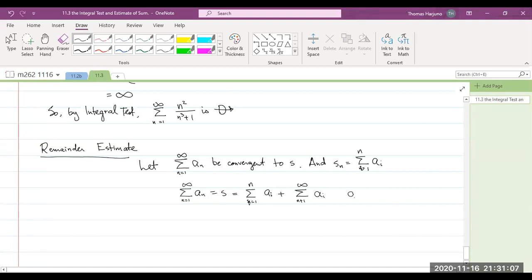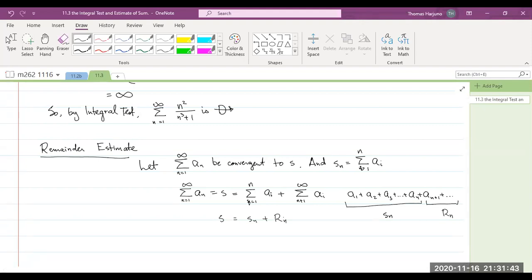Let's see it this way: a sub 1 plus a sub 2, a sub 3, up to a sub n, and then a sub n plus 1 all the way to infinity. Now this is the S sub n, and we will call this Rn, where Rn is the remainder of the nth partial sum.